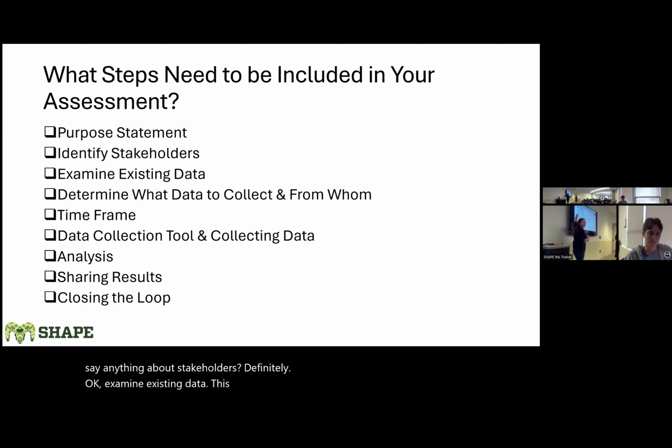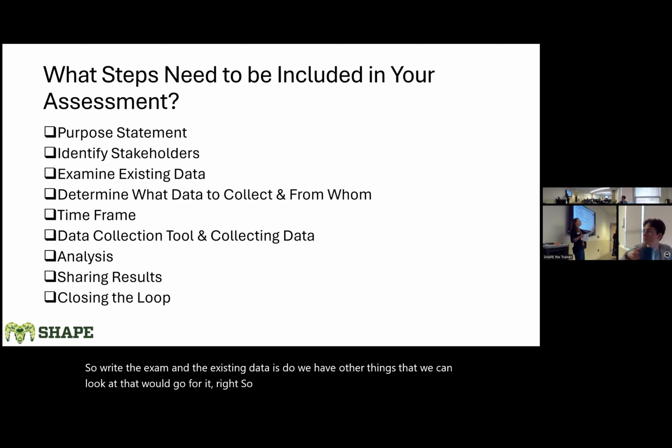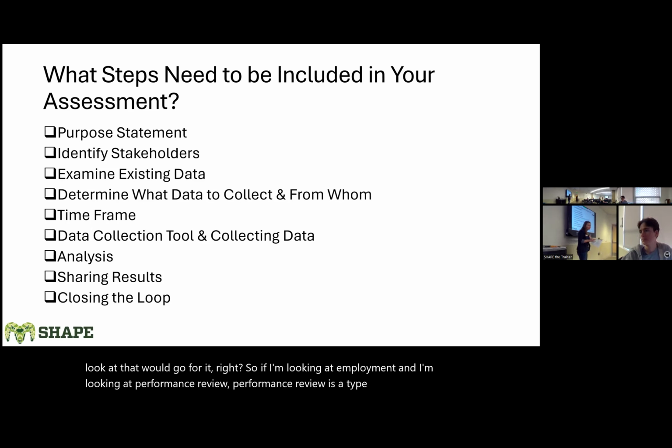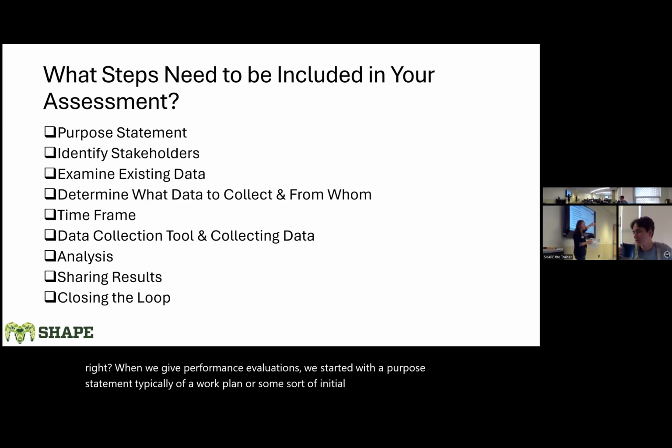This is typically where I falter, but I'm getting better. So the examining existing data is, do we have other things that we can look at? If I'm looking at employment and I'm looking at performance review as a type of assessment, when we give performance evaluations, we started with a purpose statement, typically of a work plan or some sort of initial conversation at the beginning of the year, and then you're assessing it at the end, right?